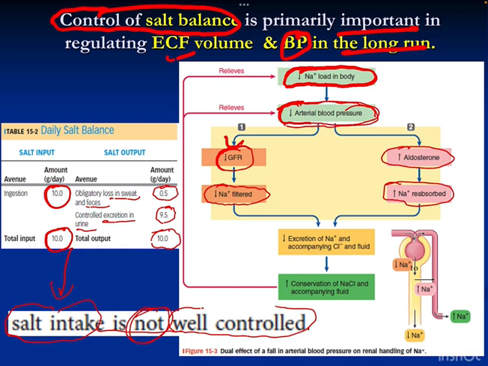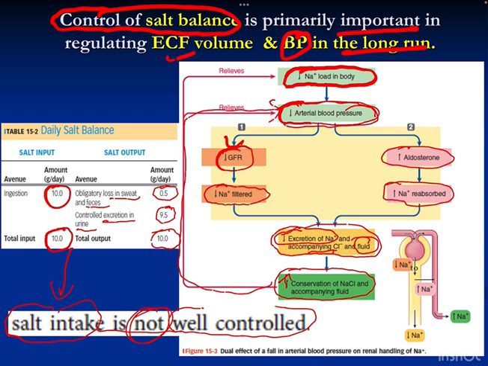Both of these lead to a decrease in sodium excretion accompanying chloride excretion, and also a decrease in fluid excretion. On the other side, there's an increase in the conservation of sodium chloride and fluid. So that will finally relieve the decrease in arterial blood pressure and also relieve the decrease in sodium load.